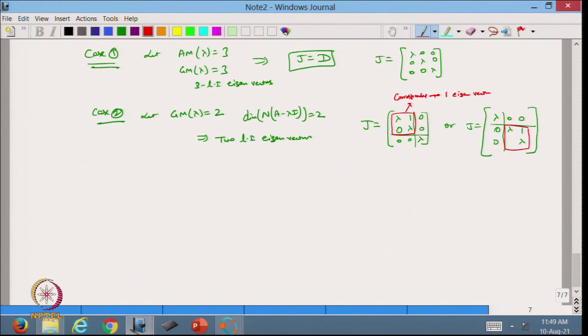So, this is one Jordan block corresponding to one eigenvector, and another eigenvector is coming from here, so this is another Jordan block. One Jordan block means corresponding to one eigenvector. This is the form we can have in this case, and now I will take case 3.